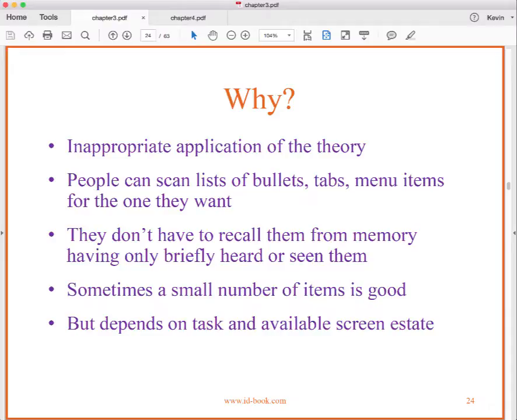I still would think that long lists of things to choose from are less appealing than lists that are short or have an intermediate length. I think that lists can be too short.